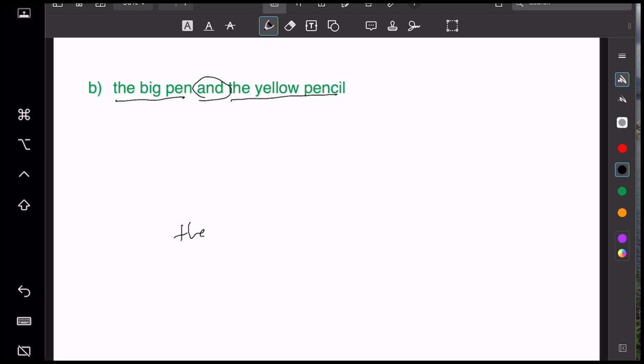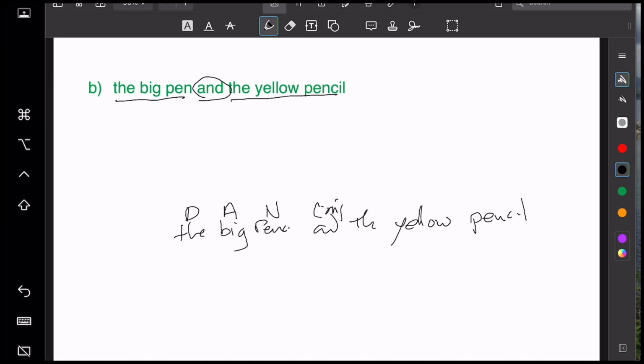So we have the big pen and the yellow pencil. The is a determiner, big is an adjective, pen is a noun, and is a conjunction. The is a determiner, yellow is an adjective, and pencil is a noun.